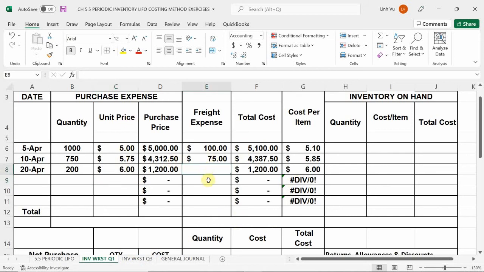And I had a freight of $20. So that should give me a total cost of $1,220. And it already calculated for me because I filled in the rows that I was missing. In this case, the column for my total cost was $1,220, divided by my total quantity of 200, should give you a total cost per item of $6.10.